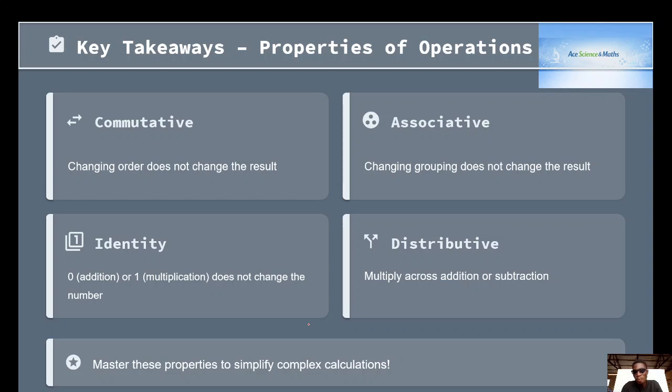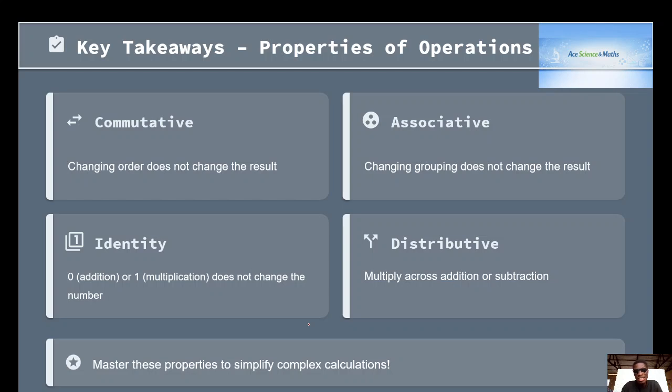These properties help all of us as mathematicians to simplify calculations, work with variables, and also prepare for mixed operations. So when you see expressions that have multiple operational signs, you'll be able to utilize these properties to arrive at a good result or answer of those expressions or equations.